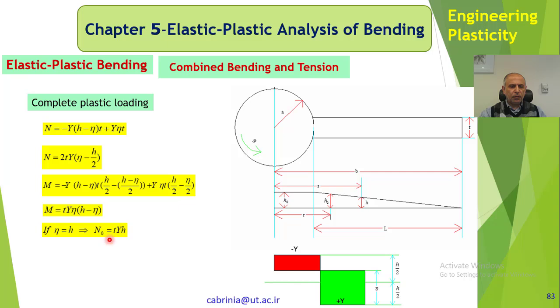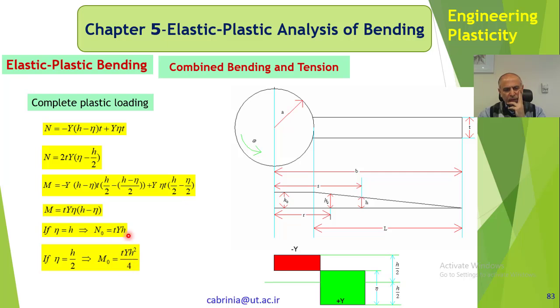And if eta is equal to h, I mean if this was not a triangular shape and it was a rectangular shape, then eta would be equal to h, and N would be N0, t y h. And similarly, eta equal h over 2, M0 would be t y h squared over 4.